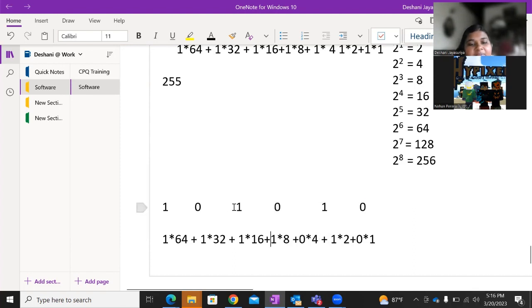This one we took, and this one you can't take because this is 0, right? So we are just applying the numbers like this, and no need of this, and get it in this way.